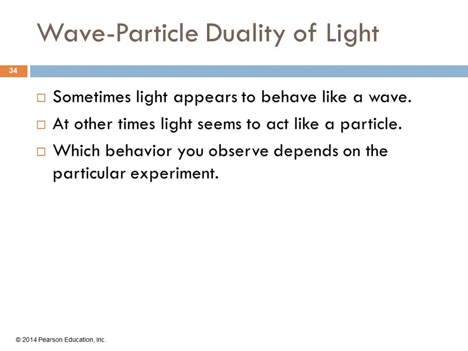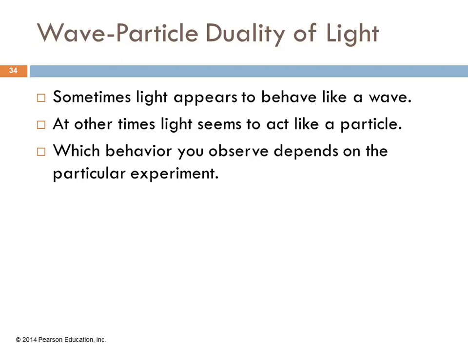So what is just really hard to get your mind around? We call it the wave-particle duality of light. Sometimes light appears to behave like a wave, and at other times light seems to act like a particle. Light acts like a wave. You pass it through a prism and it separates according to its wavelengths. That's wave behavior.